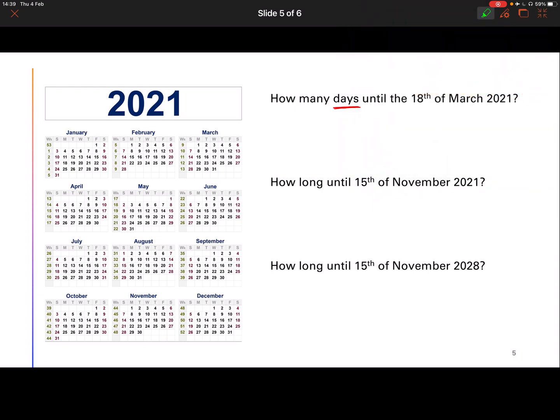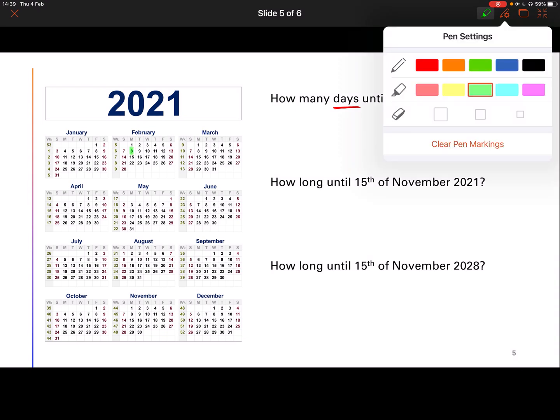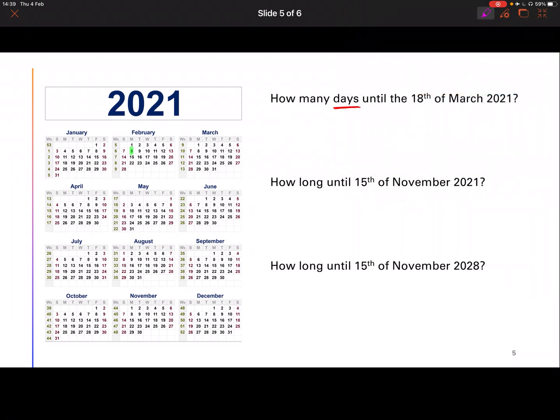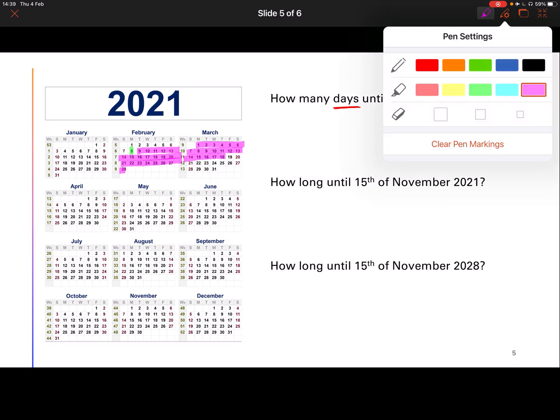So the day that we're on is Monday, the 8th of February. It's there. So the first question is saying to us, how many days to get us until the 18th of March? Well, there's the rest of this week, that week, that week, and that.